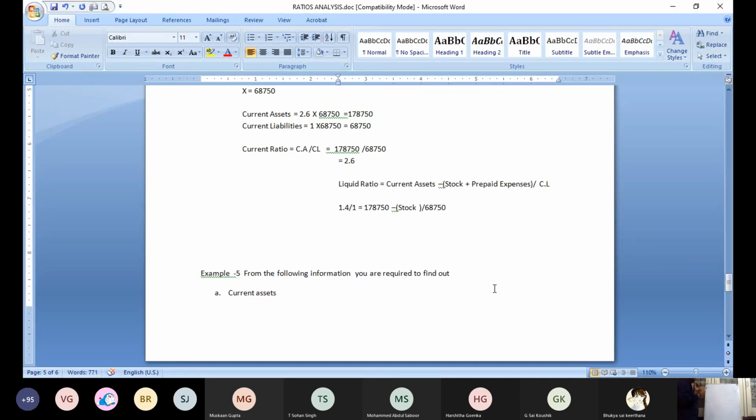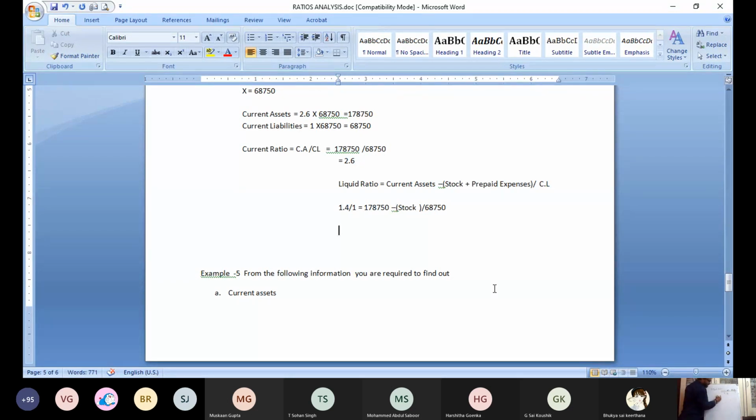Here, the liquid ratio is equal to current assets minus stock divided by current liabilities.